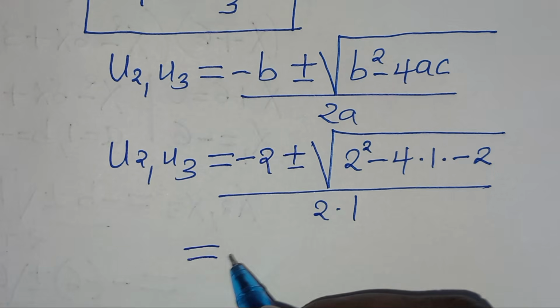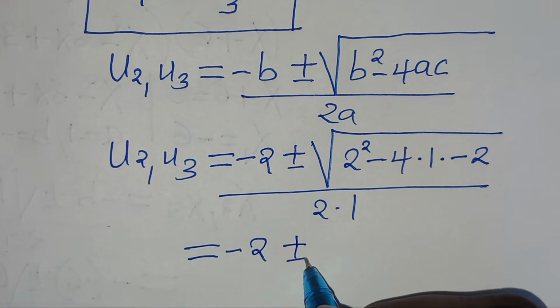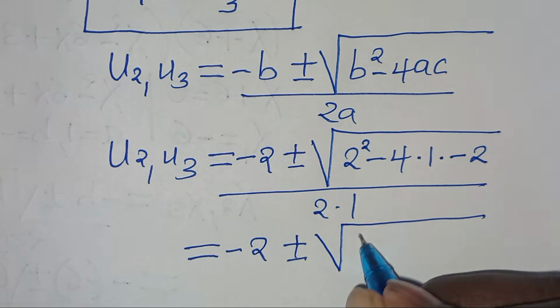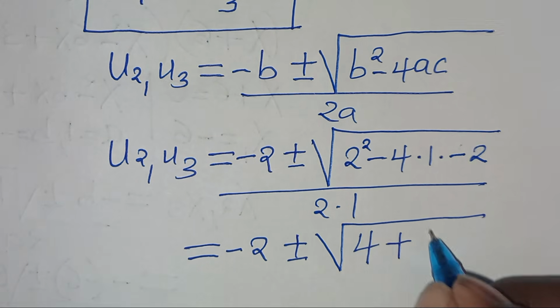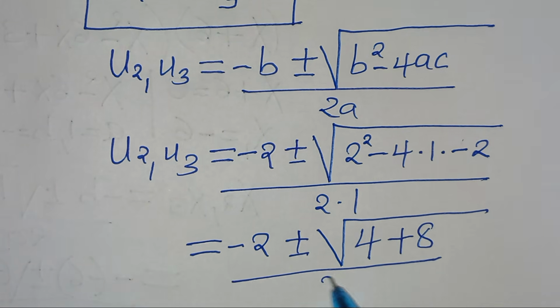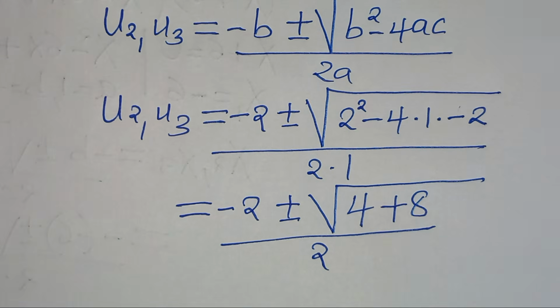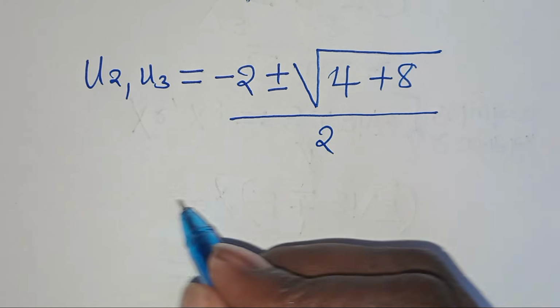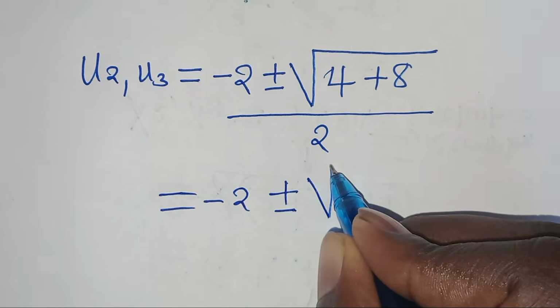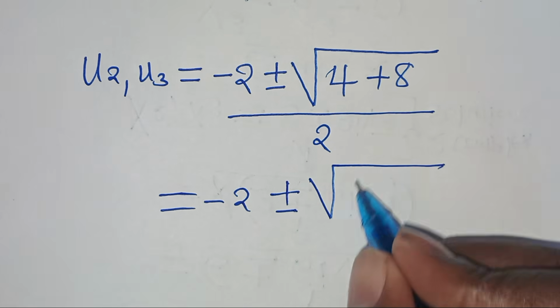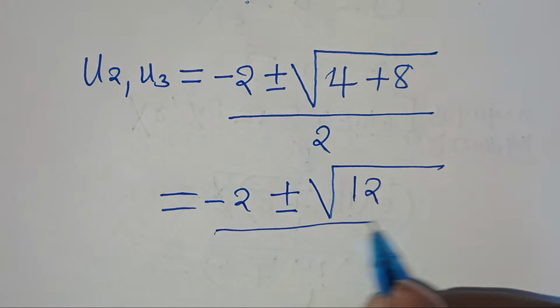So this is equal to negative 2 plus or minus the square root of 2 squared, this is 4, minus 4 times 1 times minus 2, this is plus 8, divided by 2. Now here we have negative 2 plus or minus the square root of 4 plus 8, this is 12, then divided by 2.